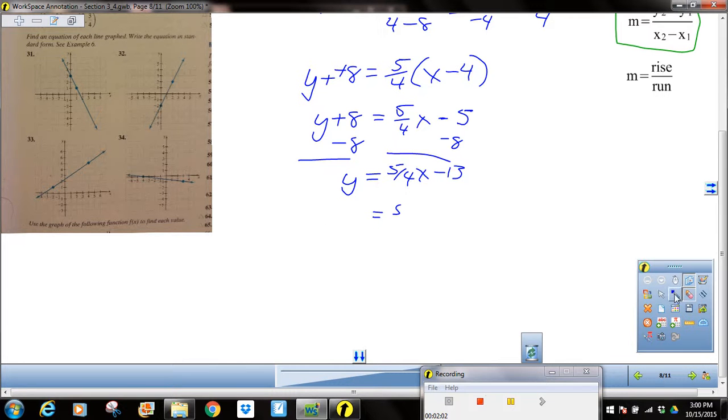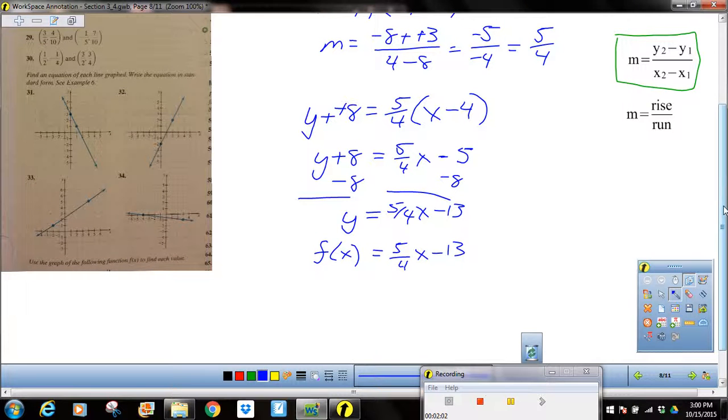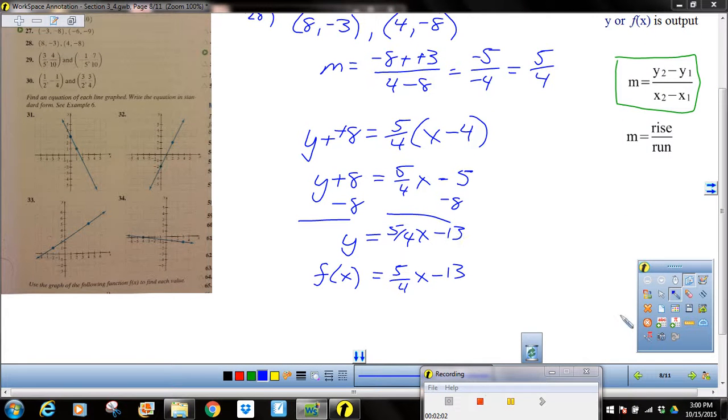I forgot that I'm doing function notation here. That's number 28.